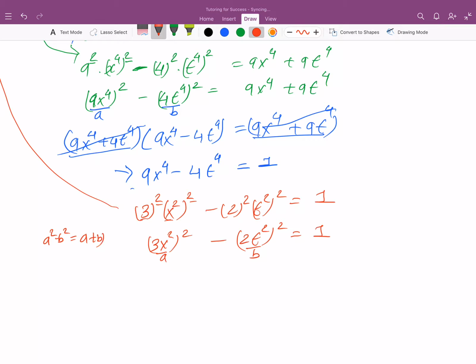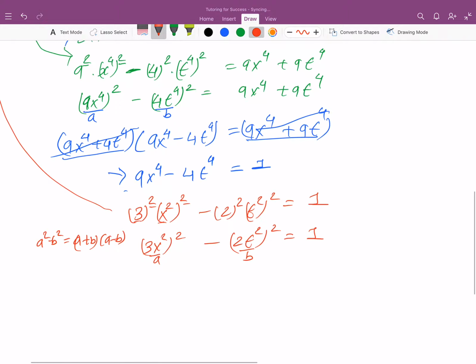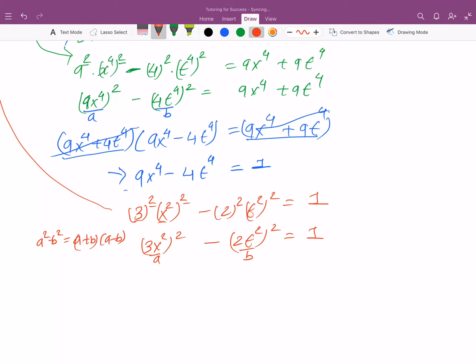It's a bit of work, but once you do that a couple of times, maybe 5 or 6 times, you may not need to write it as often because you know it by heart. But as you go down the road practicing, I suggest you write it every time so it helps you retain it in your memory. So a plus b, that is 3x squared plus 2t squared, and 3x squared minus 2t squared equal 1.